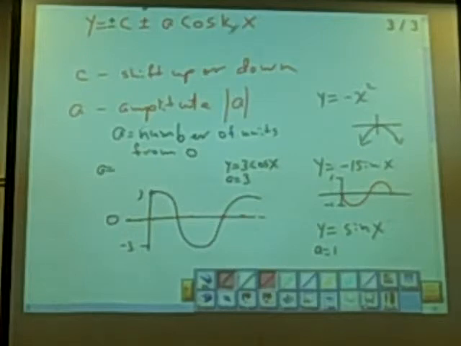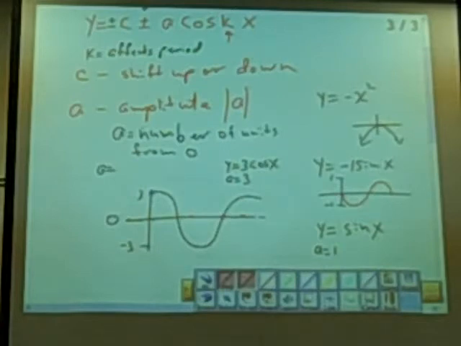line. Okay, now the k. What is that going to do for us? Yeah, it affects the period, right. In other words, it also would affect the horizontal compression and shrinking. So we would look at the period as 2 pi over k.